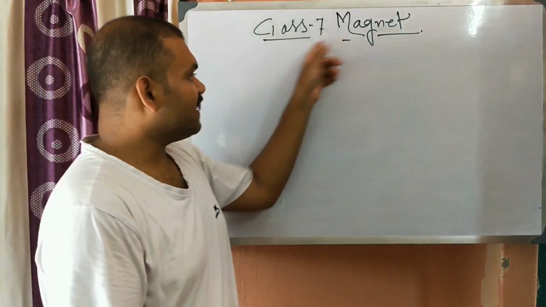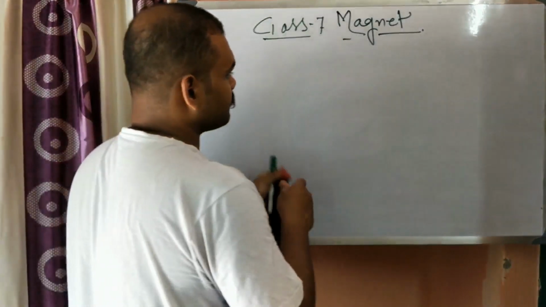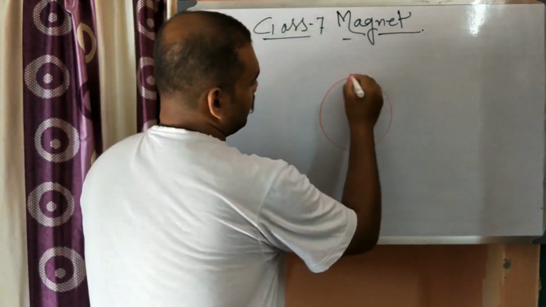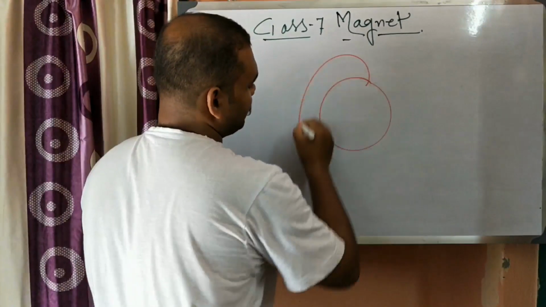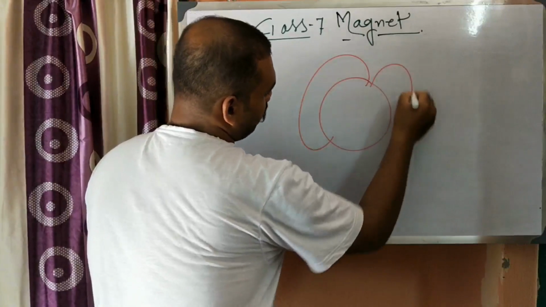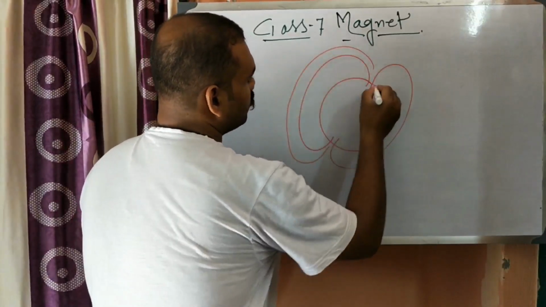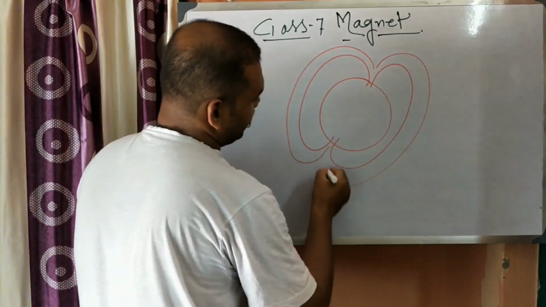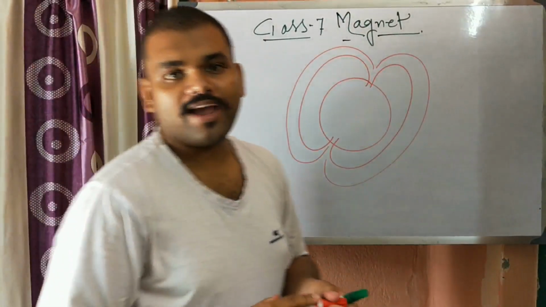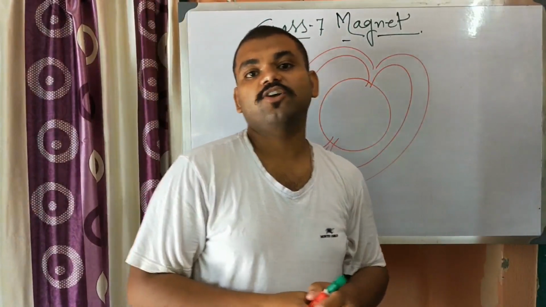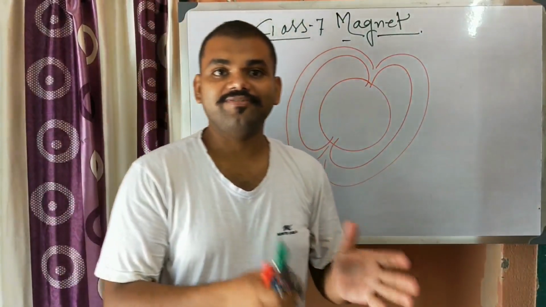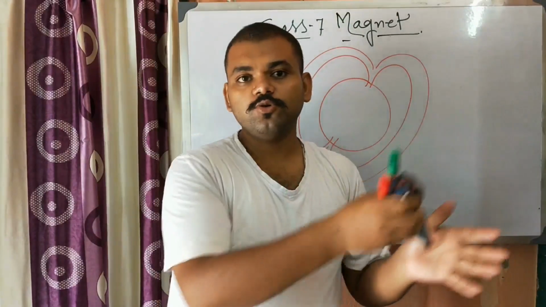So these are the magnetic field lines of earth. This is the earth, and these are the magnetic field lines. They follow this magnetic line of force, and by following it, they can navigate from one place to another.